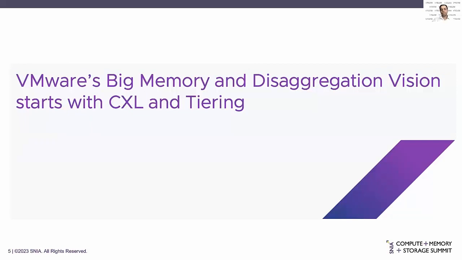So VMware's big memory and disaggregation vision actually starts with CXL and tiering. CXL actually presents really good incentives in terms of supporting these newer use cases.